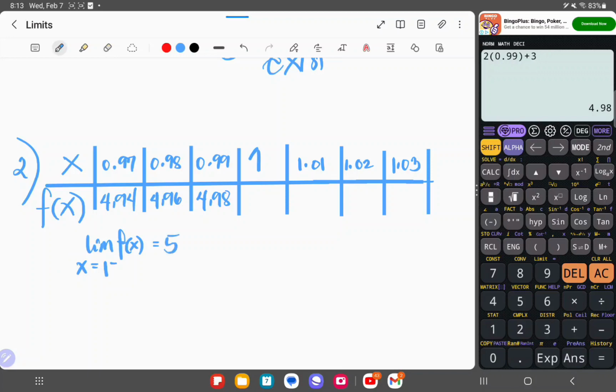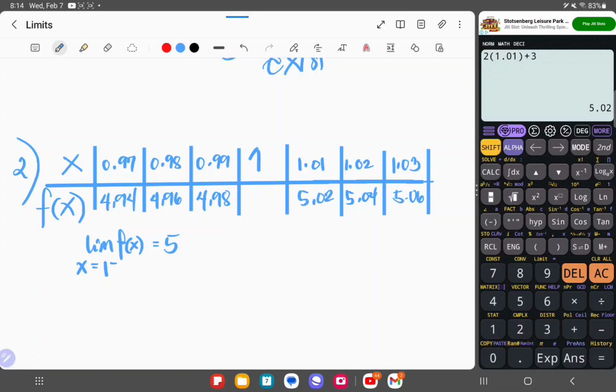Now let's check the right direction or the positive direction. So we have 2 times 1.03 is 5.06, followed by 1.02 is 5.04, and followed by 1.01 is 5.02.